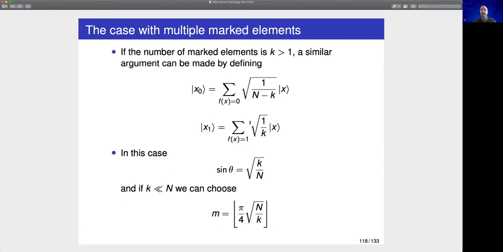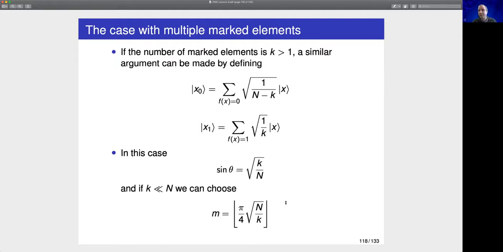Again, we identify values with sines and cosines. We see that this is again a rotation, but in this case the angle is the square root of the number of marked elements over n, which in our previous case, of course, was 1 over n. And then the number of iterations that we need to do is very close to the square root of the total number of elements divided by the number of marked elements. So again, a quadratic speedup, okay?